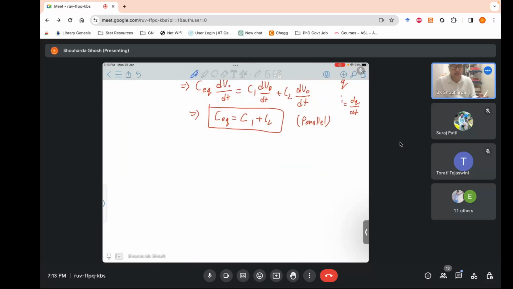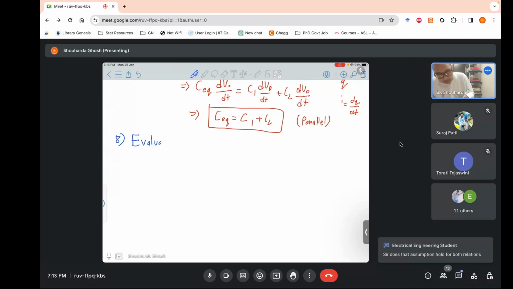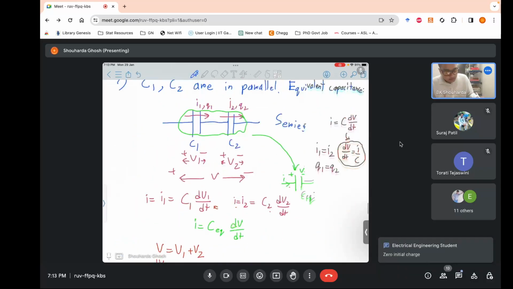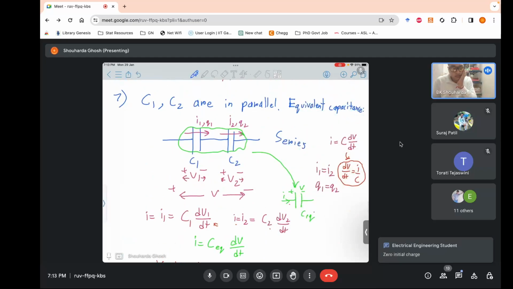Let's go to the 8th question. And that's to evaluate whether that assumption holds for both relations. Actually, when we deal with the zero initial charge, when I've used all of these, so I equals C dV dt when you use that.